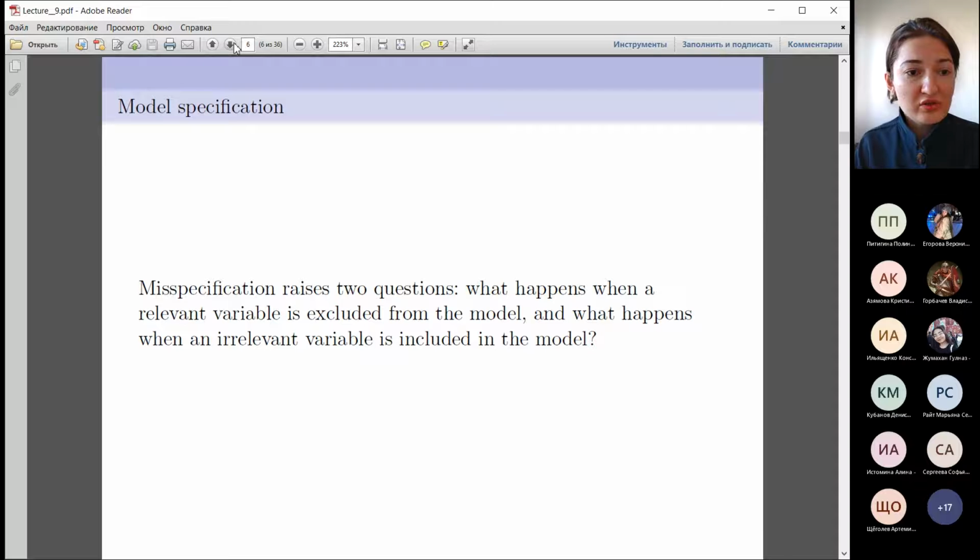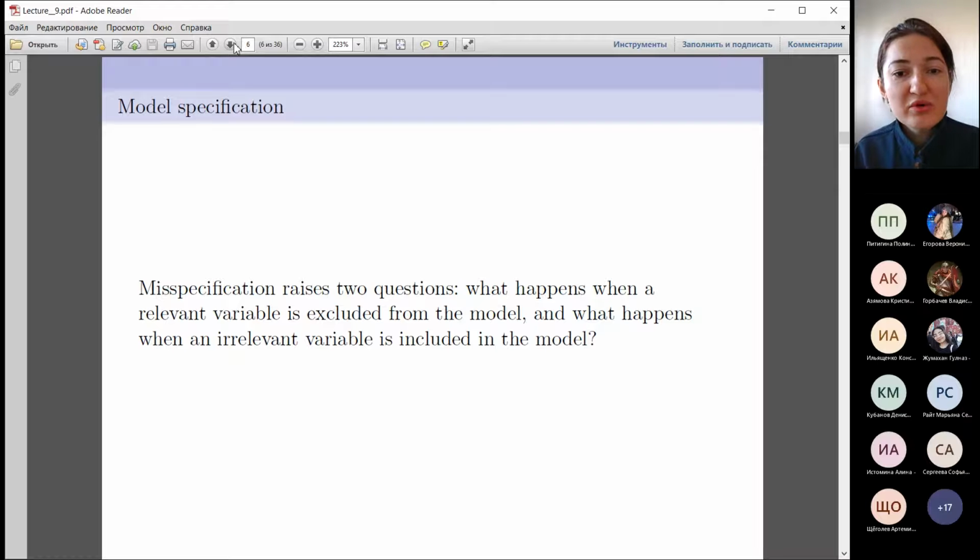But the second question, of course: we can exclude some relevant variables from our models, but the opposite situation could exist. For example, we are so scared of misspecification errors that we want to include in our model all the variables that we can include.